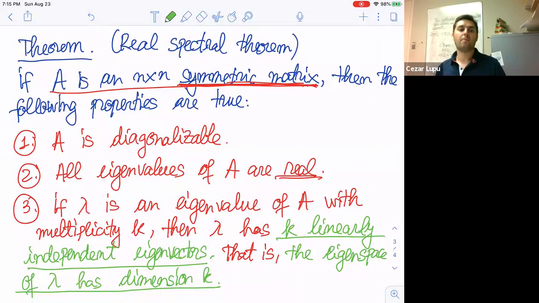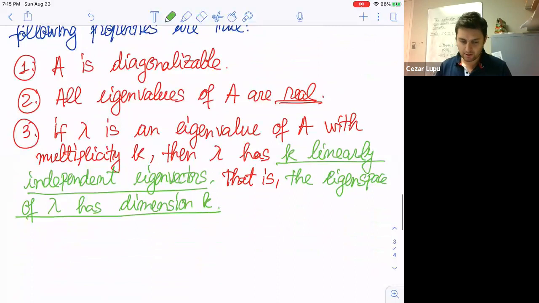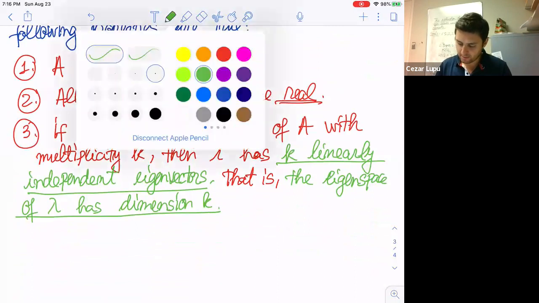But it's very important because basically it tells you what happens to the eigenvalues of a symmetric matrix. But we would like to prove that, in fact, let's prove it, but not for n by n matrices, only for 2 by 2. And let's do it like an example, as an exercise.